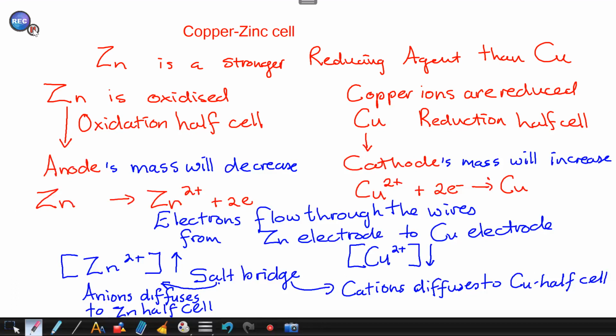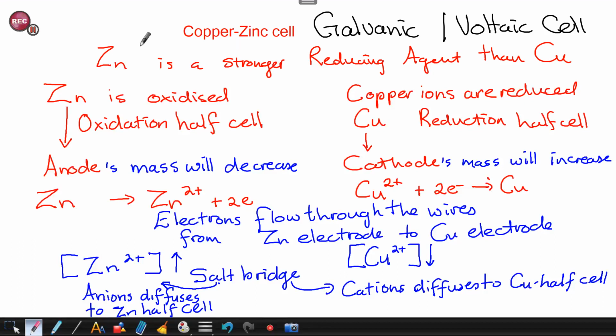The copper zinc cell is an example of a galvanic cell, or some people like calling it a voltaic cell. So it's a galvanic or voltaic cell, and it's an example where we have a spontaneous redox reaction.